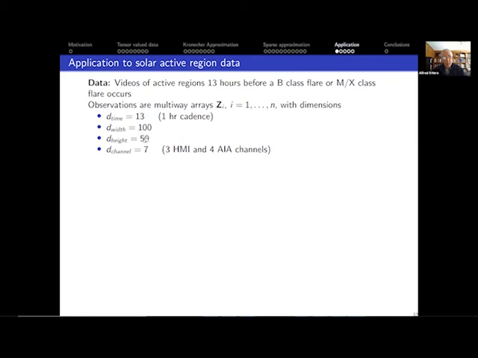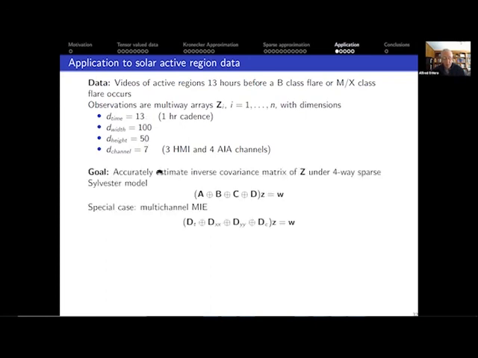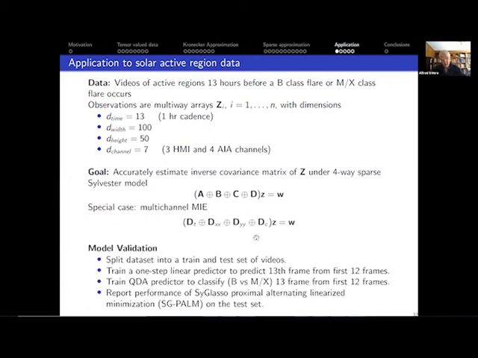We have image dimensions, 100 by 50 images, a sequence of 13 of them, 12 of them pre-flare. And then we have 7 modalities, different channels, different wavelengths, different types of sensors on the satellite. And so we want to accurately estimate this inverse covariance using a Kronecker sum, which in the case of a multi-channel magnetic induction equation would look something like this.